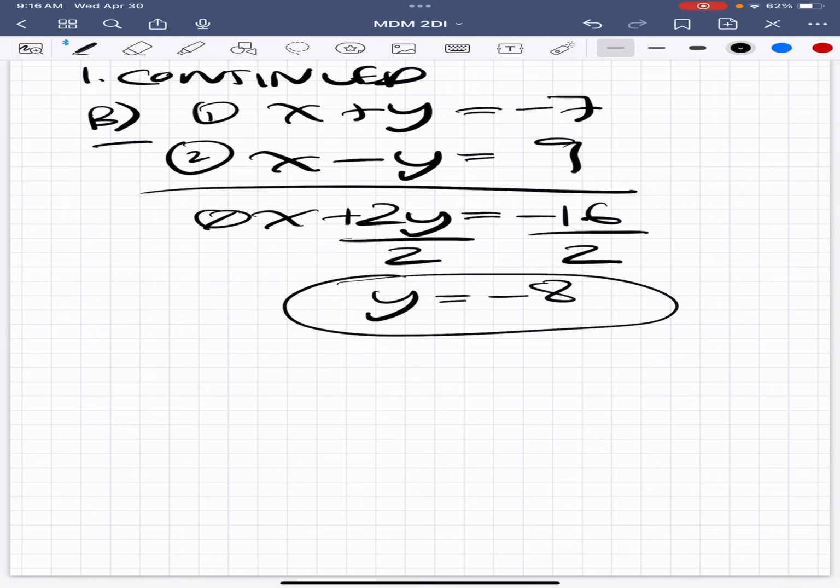So we're going to substitute the result of the y coordinate of the POI into equation 1 or equation 2, in this case equation 1.